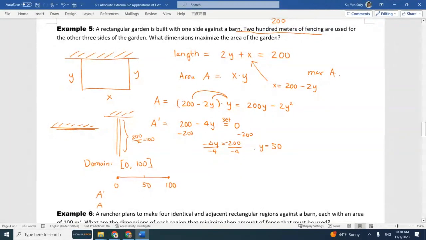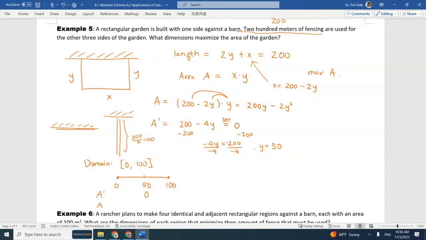Alright. A prime. What's A prime? Well, at 50, A prime is 0 because that is the critical point. In this interval, what number do you plug in? 0. Do you plug in A or A prime? A prime.